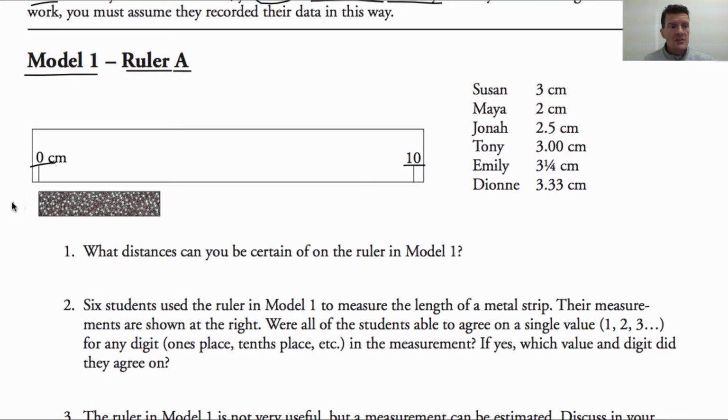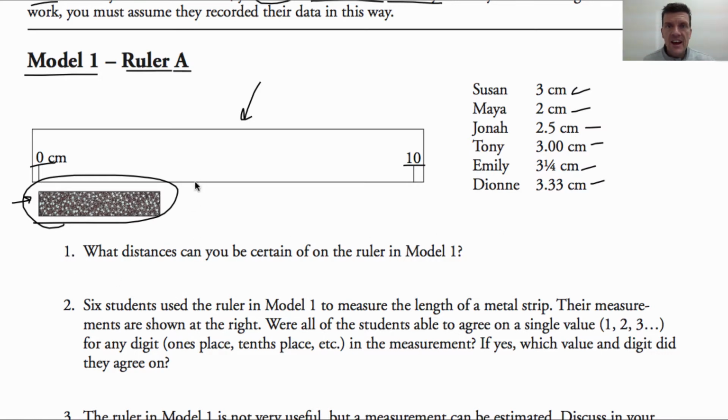We have an object right here that we are going to try to determine the length of using this ruler. Six people have tried to determine the length of this object using this very crude ruler, which only has markings at 0 and 10, and these are their estimated measurements of that object.